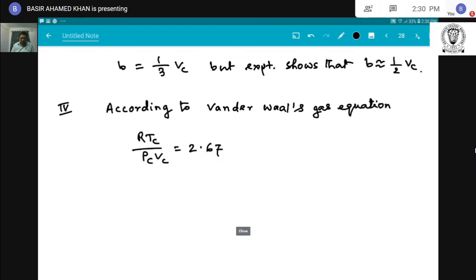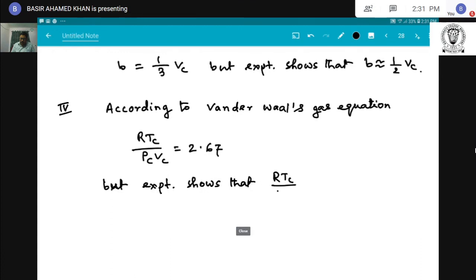But it is found experimentally that this value RTc by PcVc equal to 3.75. This is another defect.